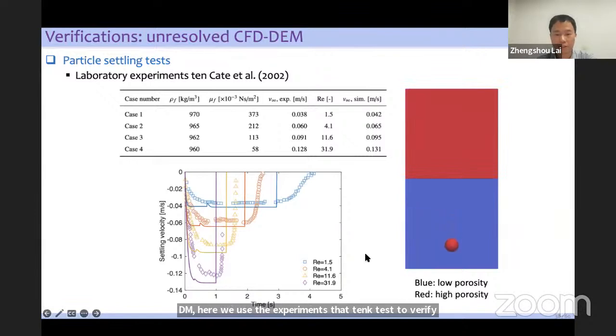We can see in this example, we have a particle. If we release the particle in the fluid, it will settle and reach a terminal velocity. So this terminal velocity can be used to calculate the drag force coefficient, which is required for many CFD-DEM analyses.